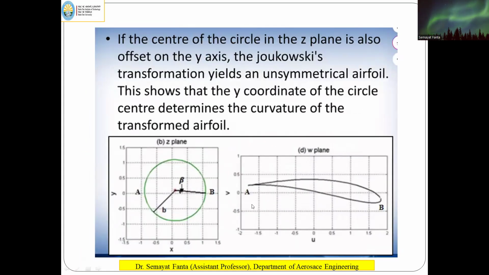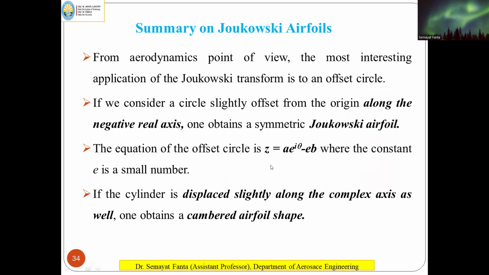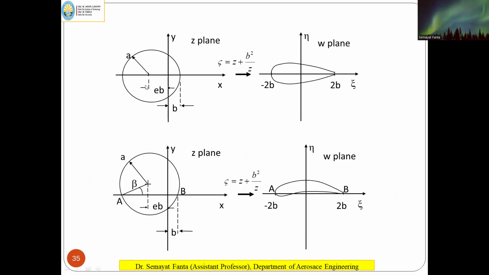This symmetric aerofoil happens only when it is offset in the x-axis only, in the real axis, in the negative direction. For example, this is the center point of the circle, and it is shifted to somewhere here on the x-axis. What happens? We can find this kind of symmetric aerofoil from minus 2b to 2b.